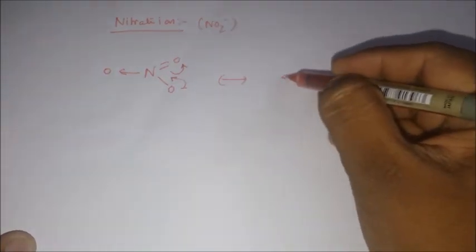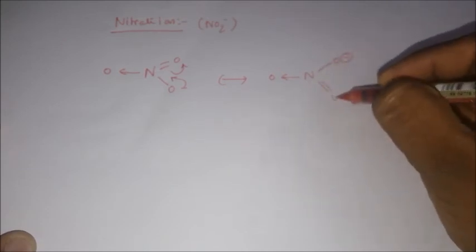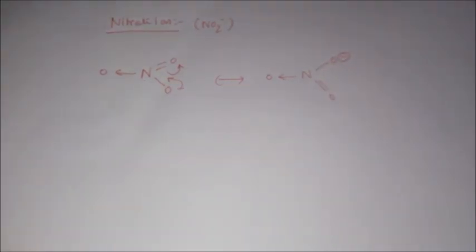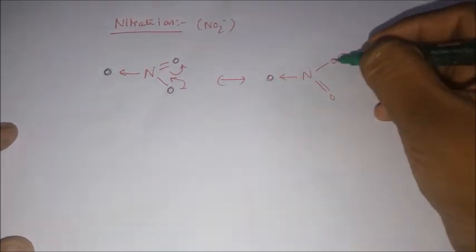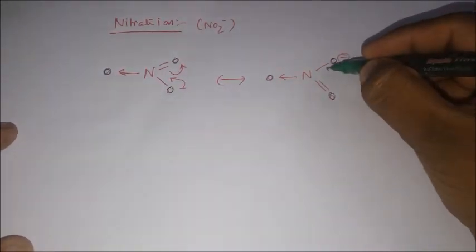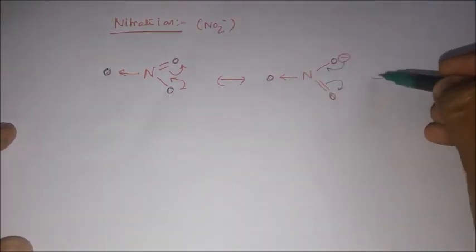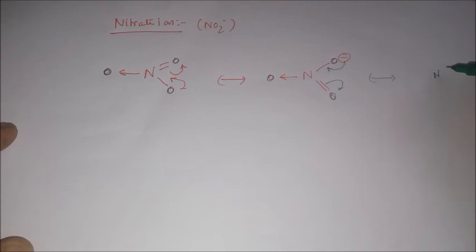So this coordinated oxygen has nothing to do, so it becomes O minus and double bonded O. So you can see the electron is moving between the two oxygens. I'll just put a different color so that you'll be able to differentiate the oxygen and nitrogen. Is that clear? Again, it moves over here and this comes over here, so you'll get the same. So you can write the same equation in this form.